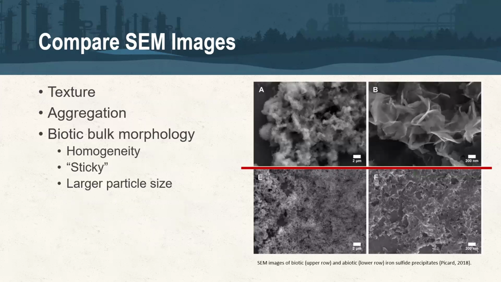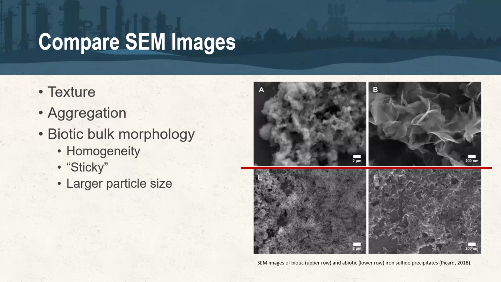The next thing I want to show you, and I think this is one of the most important things from a reactivity, from a non-passivation standpoint, is you want to create very uniform iron sulfide. Whether you're doing this in situ or you're using something abiotic, what I would like to show you on these scanning electron microscope images is in A and B up top, in the upper row, biologically generated FeS, and on the bottom row, synthesized or abiotic FeS.